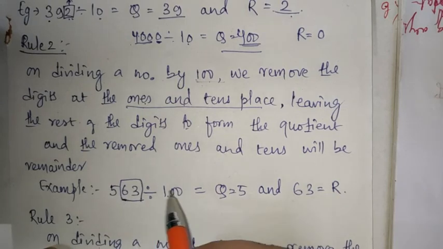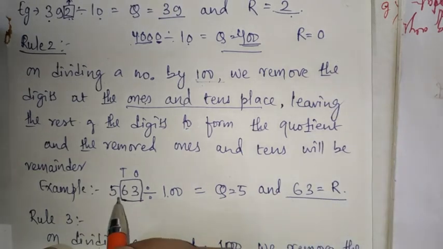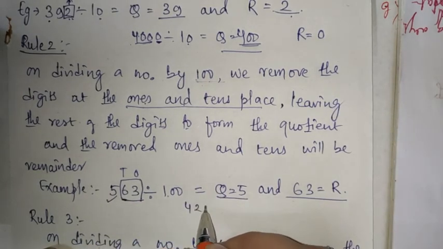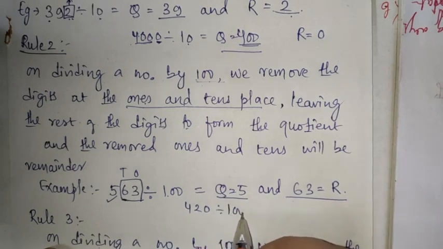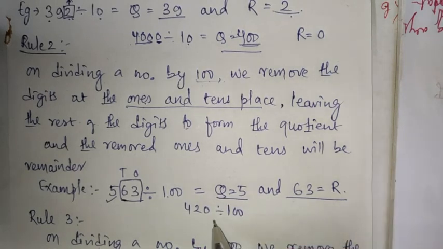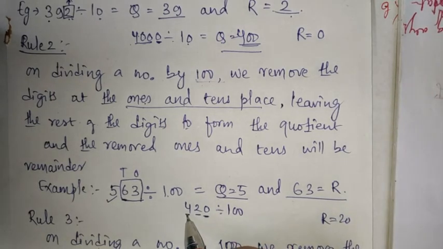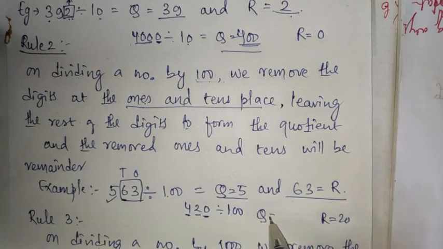When divided by 100, the ones and tens places will be removed, that becomes your remainder, and whatever is left out will be the quotient. Suppose you have 420. If this number is divided by 100, then the ones and tens positions will become your remainder, that is 20, and whatever is left out will be the quotient, so 4. I hope rule number 2 is also clear.